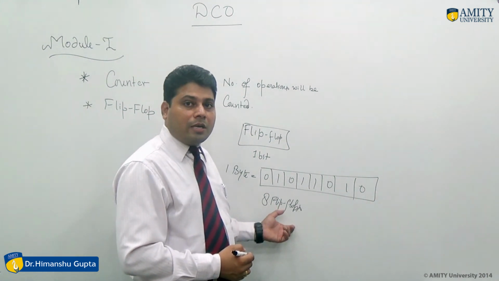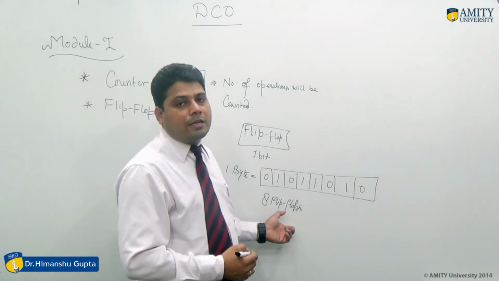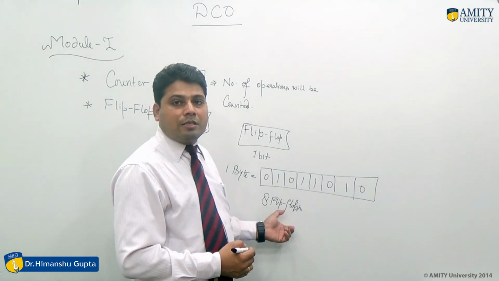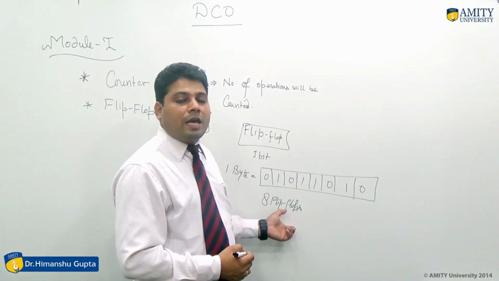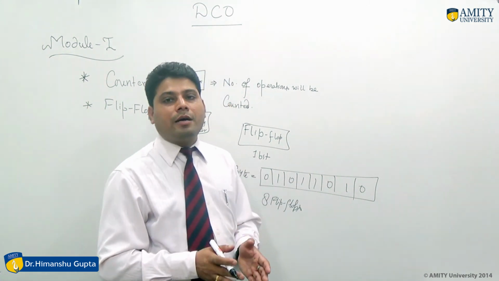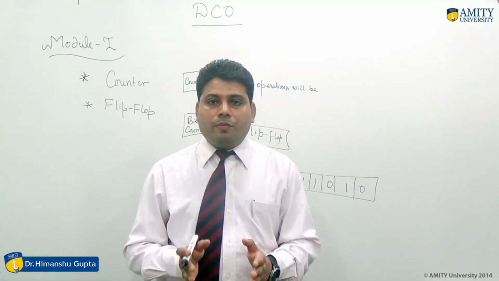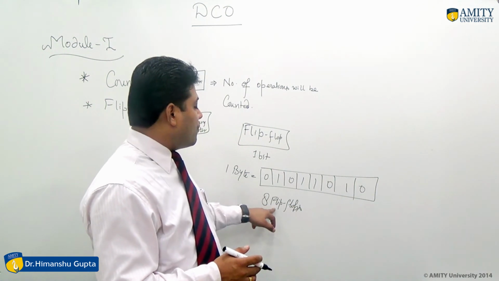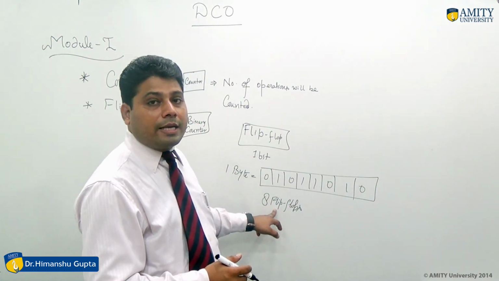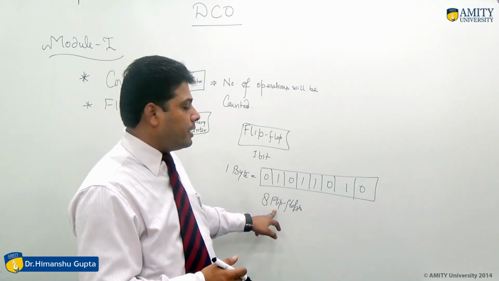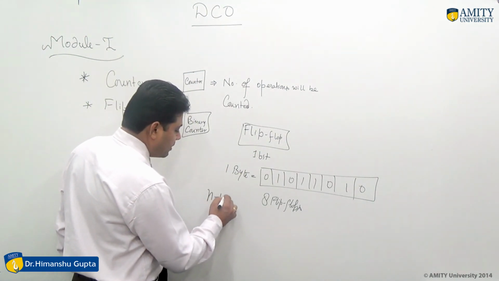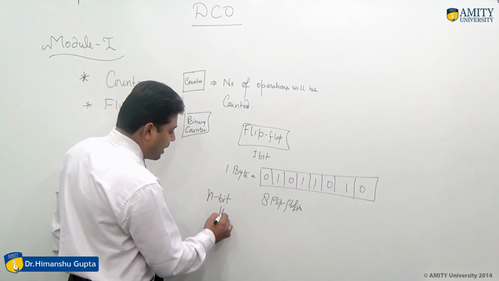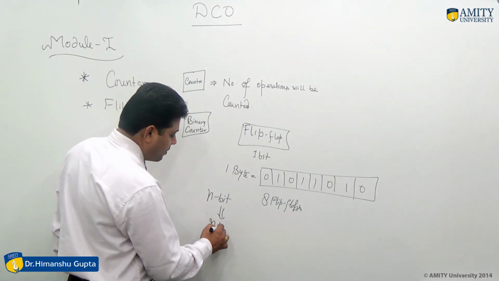If we are using 2 bytes of data, then similarly we have 16 bits in 2 bytes, so we have to use 16 flip-flops. If we are using 4 bit data, then we have to use 4 flip-flops because each flip-flop will store 1 bit of data. So if we are using n bit data, then we have to use n flip-flops.